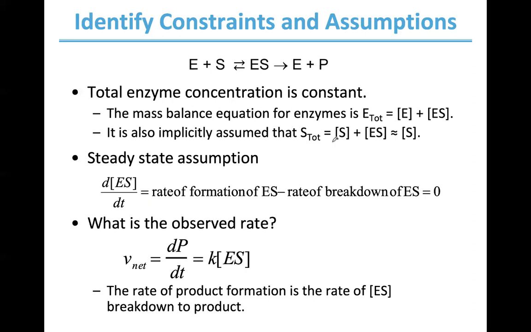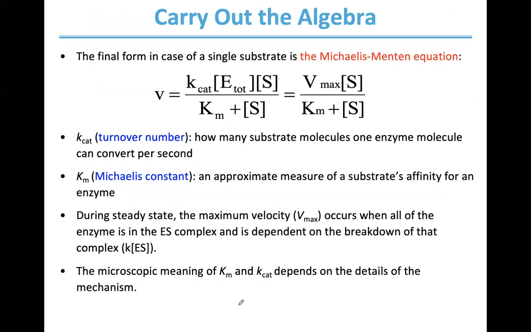Because very little of the substrate has been consumed at the beginning of the reaction. And so we don't need to worry about some of the substrate that has reacted to give the product. Now the steady state assumption: rate of formation minus rate of the breakdown equals 0. So we have that, and finally, we have this Michaelis-Menten equation.